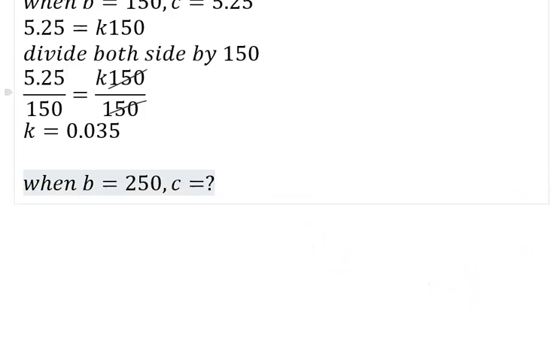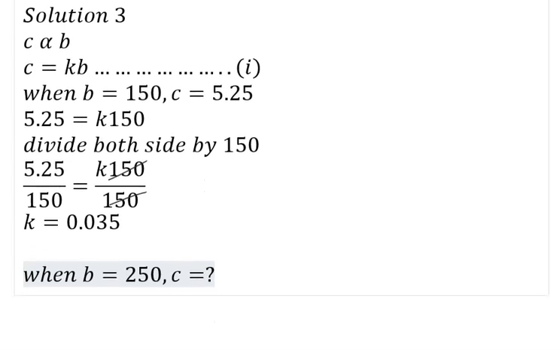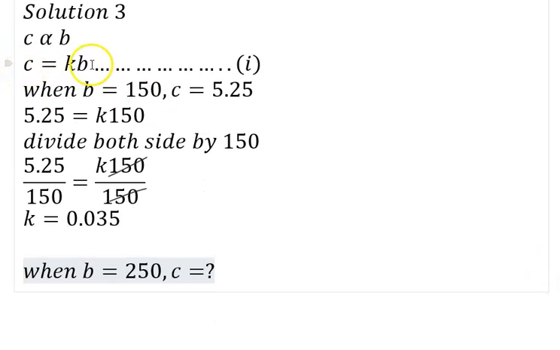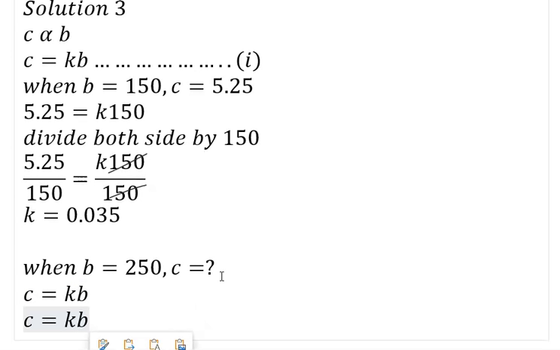So all we just need to do, since we know our K already, we just come here and take our equation 1. So we are looking for C. We know our K to be 0.035.